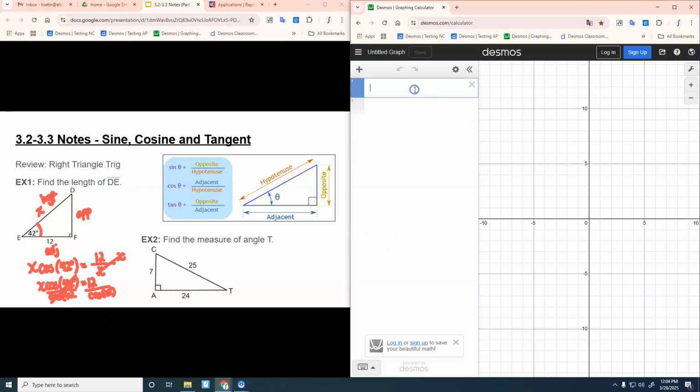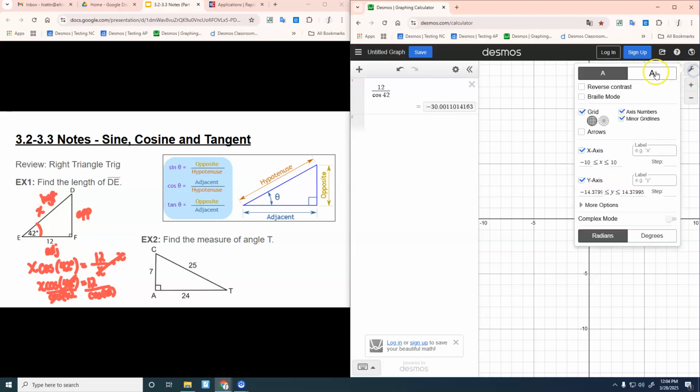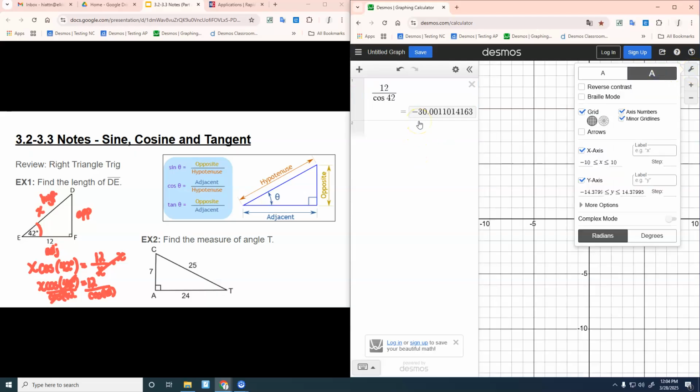Whenever I type in 12 over cosine of 42, I'm getting negative 30, which is not right, because I would not call something a negative angle in a regular triangle. That is because your default on Desmos is radians, so I need to click it over to degrees. That's not going to become an issue much because we're going to use radians instead, but right now we're just doing a little bit of review.